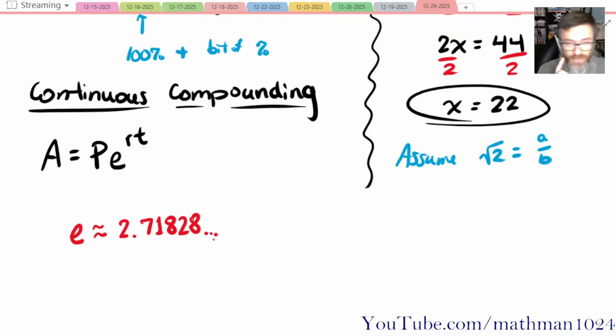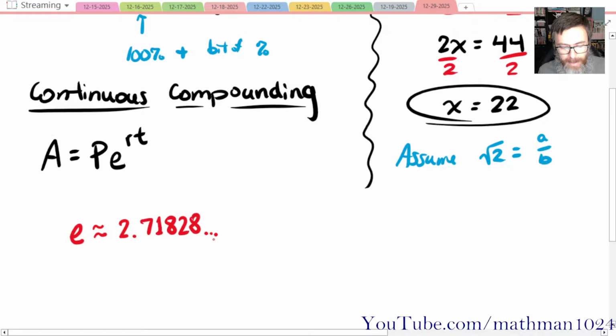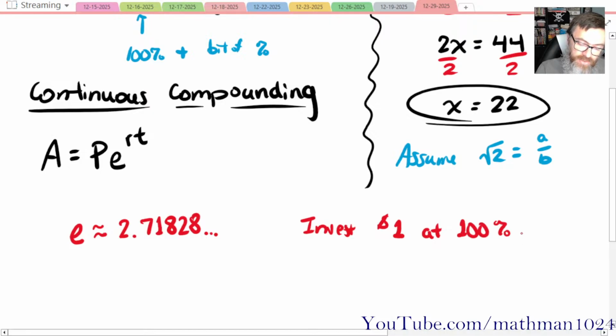Now, here's one way of defining e. Suppose that you invest $1 at 100% interest.